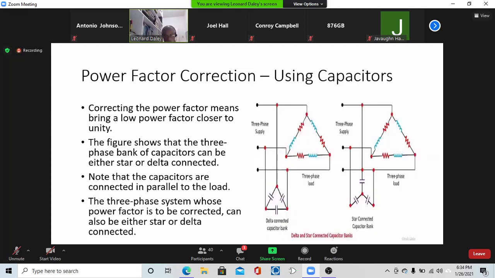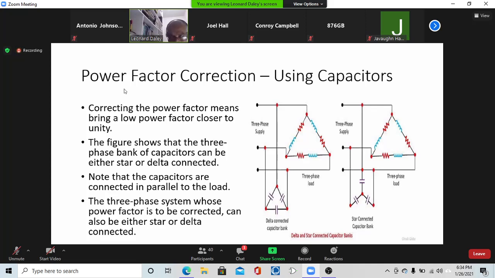All right. Now, circuit diagrams to show you how the capacitors can be connected across. So they are connected in parallel with the load. So in both cases you have a delta connected load, and in this case here on the left you have delta connected capacitors, while on the right you have star connected capacitors.